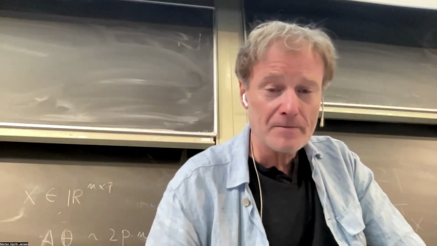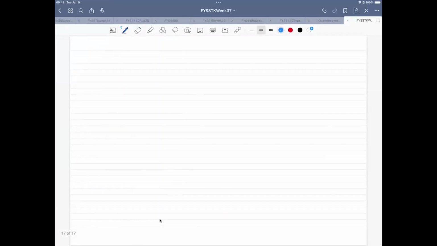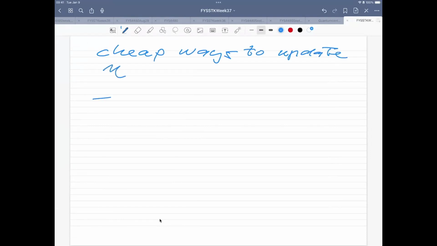So the cheap ways to update the learning rate. Eta. Clearly one is eta constant, and this is what we have done till now.